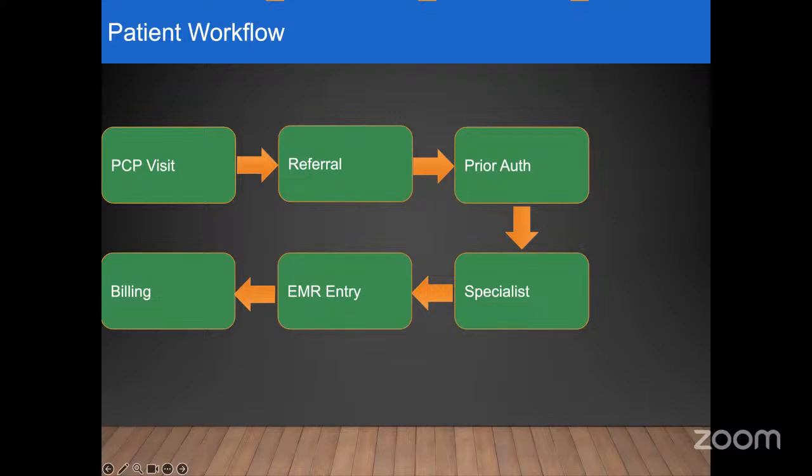The insurance is going to require prior authorization for the stress test and an indication of why you need it. After approval, the patient sees the specialist and gets the stress test, and this gets documented in the EMR through the CPT, ICD, and the codes that we've just discussed. And then billing is submitted through the codes.